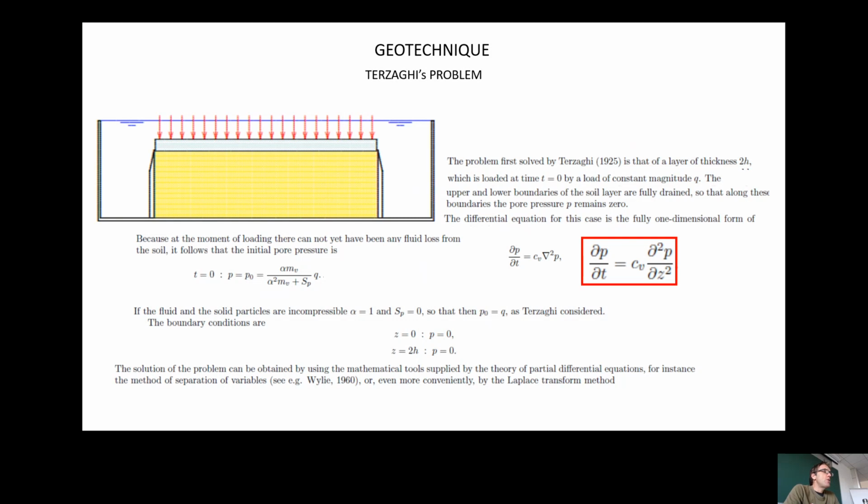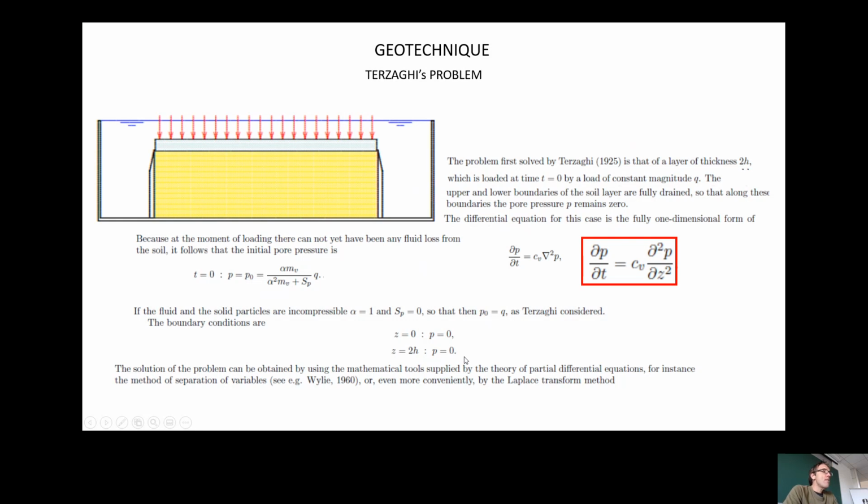So if the fluid and the soil particles are incompressible, alpha equals 1 and Sp equals 0, again as Biot says, so that P0 equals q, as Terzaghi considered. The boundary conditions are, for zeta 0, p equals 0 and for zeta 2H, p equals 0.